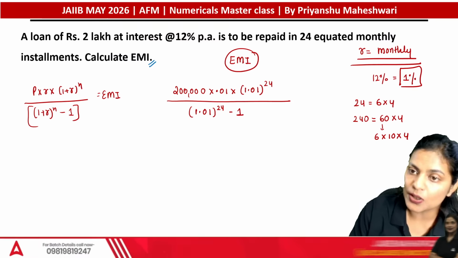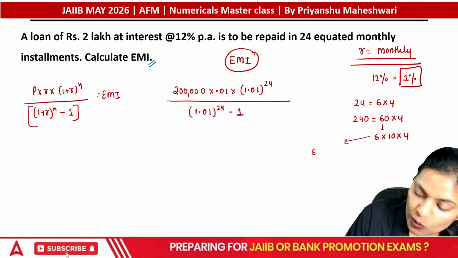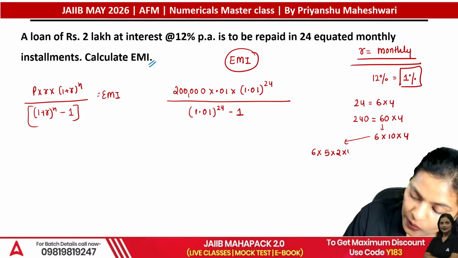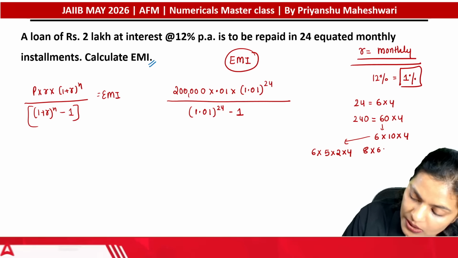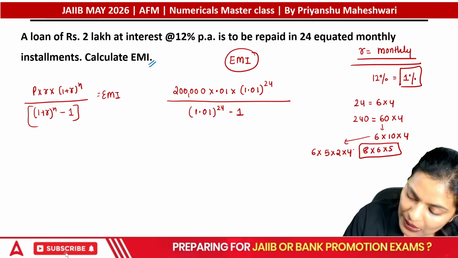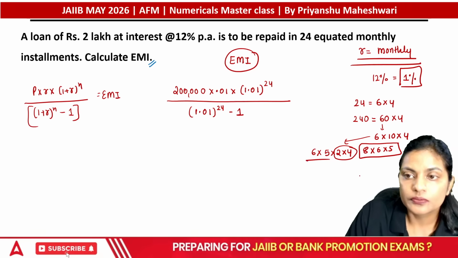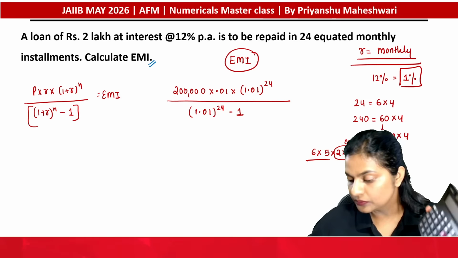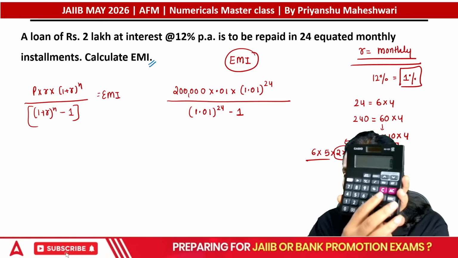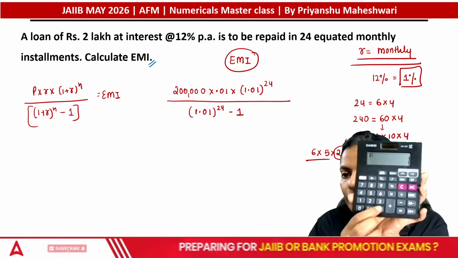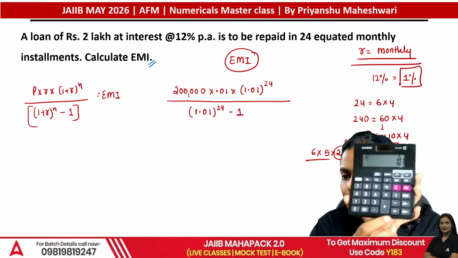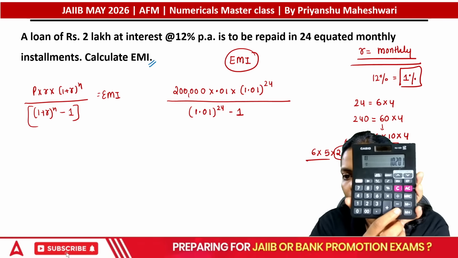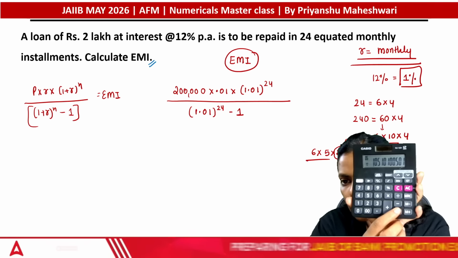Okay, so you can break it this way, or if you really want to put more effort, 6 into 5 into 2 into 4. So one factor could be 8 into 6 into 5. So I multiplied these two and these two. Okay, now how do you solve these values? I'll show you for both of them. Now, for example, 1.01 multiplied by. So the first one is, we will do first 24. 1, 2, 3, 4, 5.